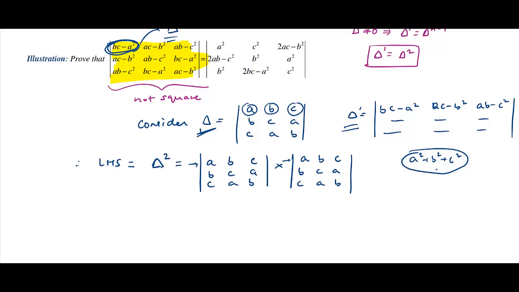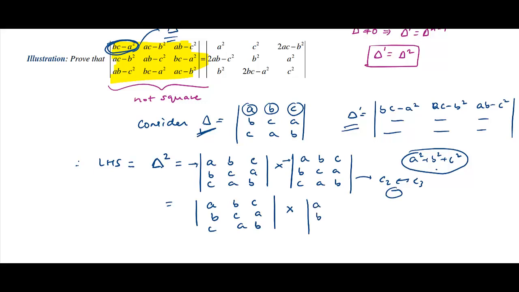So what change do we make? Let's leave the first determinant as it was: A, B, C; B, C, A; C, A, B. In the second determinant, we interchange the second and third column. This will give a negative sign, so we adjust this negative sign in the second column.